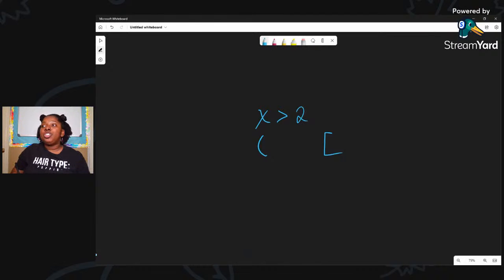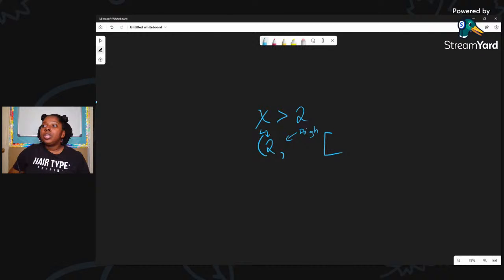Now, what's the lowest x can be? If x is greater than 2, then x is greater than every number above 2, so 2 is going to go on the left side. Remember, it's the lowest number here, and then the highest number goes second.